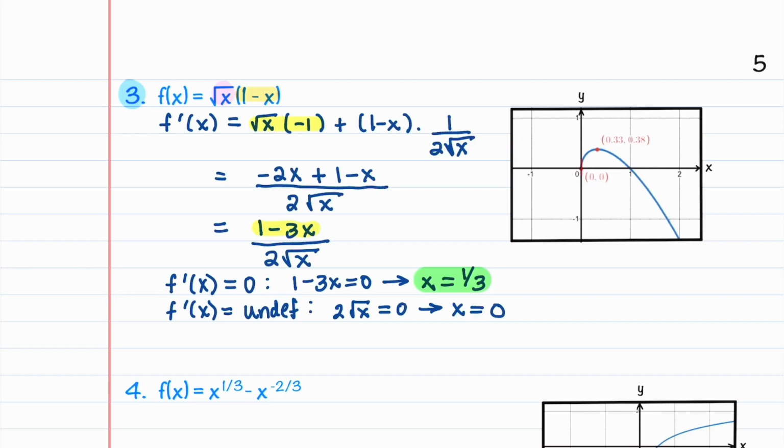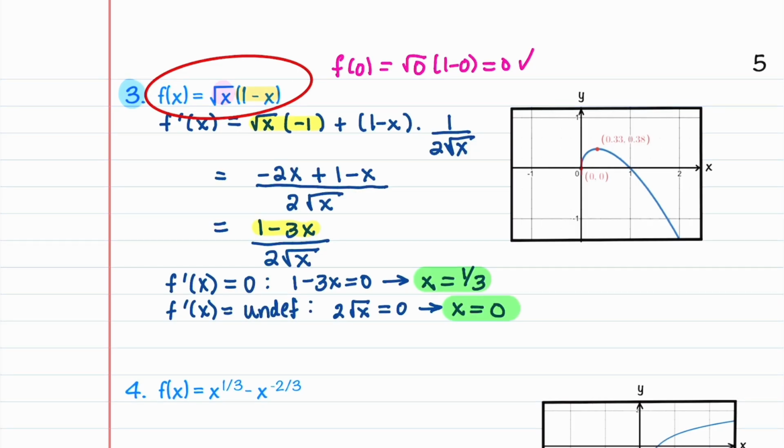We have to go back up to our original function, and we need to see if it's defined at 0. F at 0 is the square root of 0 times 1 minus 0, which is just 0, and it is defined. So we can then know that x is equal to 0 is also a critical number.